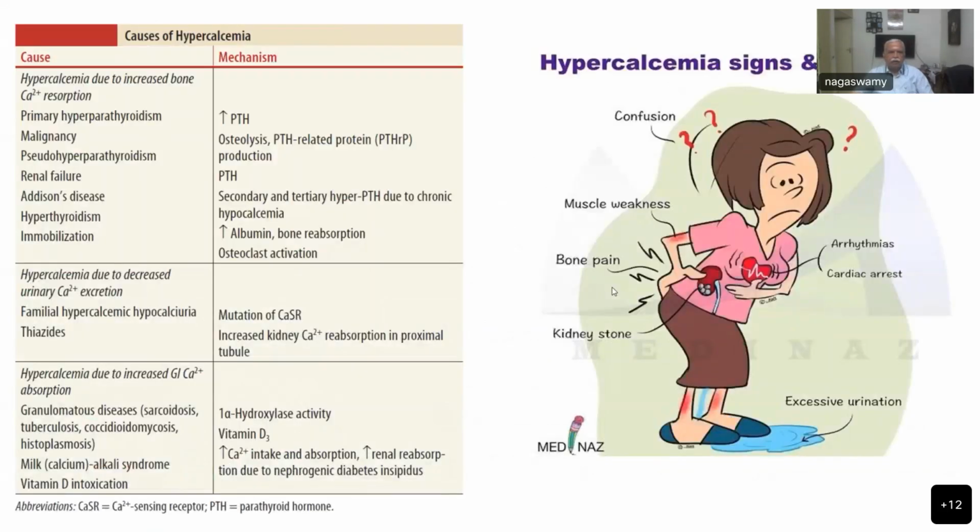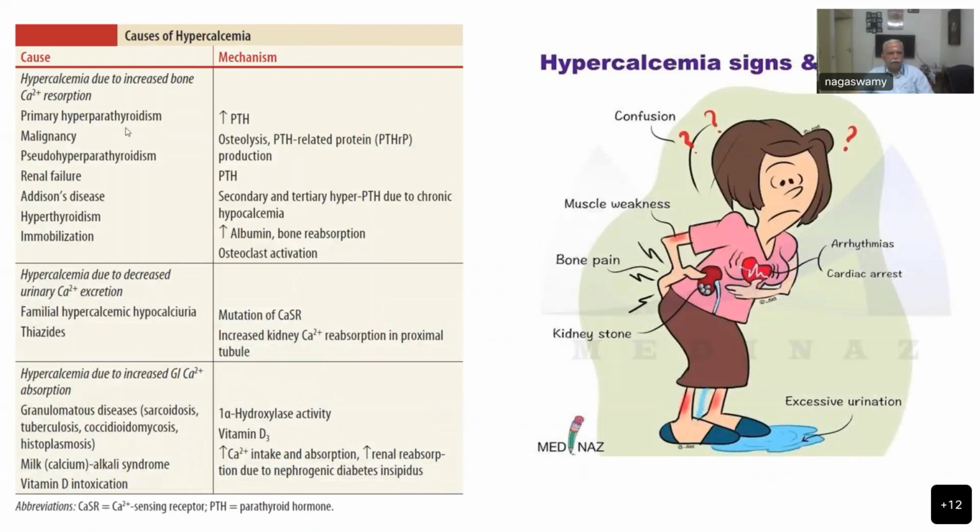Now, coming to the causes of hypercalcemia, and of course he has nicely elaborated all the various functions, how they are done at each and every level. Now coming to the abnormalities, hypercalcemia, all these things, of course, bones, stones, and all that is the mnemonic to remember that. But what are the causes of hypercalcemia?